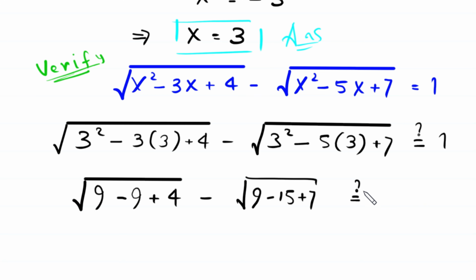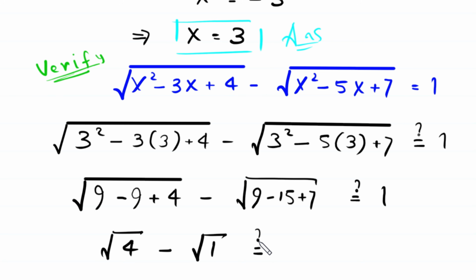Is this equal to 1? Further simplify, this will become root of 9 minus 9 is 0, so this will become root 4, minus 9 plus 7 is 16, 16 minus 15 will become root 1.